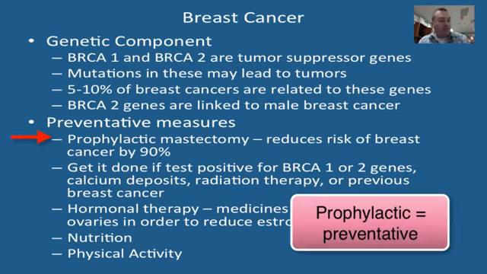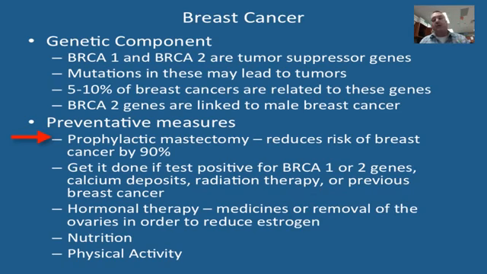Now, what are the preventative measures when it comes to breast cancer? Number one is you can do a prophylactic mastectomy. This will reduce the risk of breast cancer by about 90%. In other words, you're removing the breast before cancer shows up. Now, you may want to get this done if you test positive for either the BRCA1 or the BRCA2 gene, you have a history of calcium deposits in your breast, you've gone through some radiation therapy prior, or you've had breast cancer before.